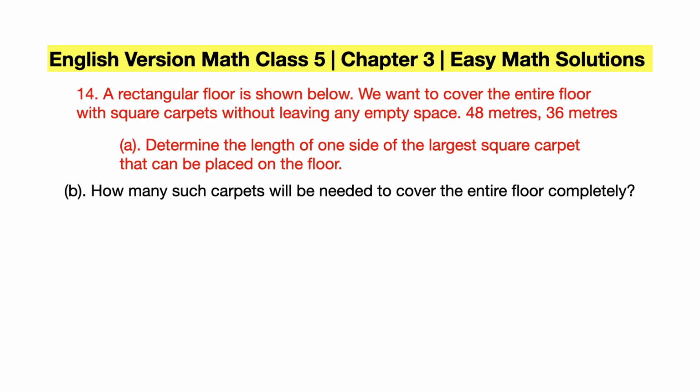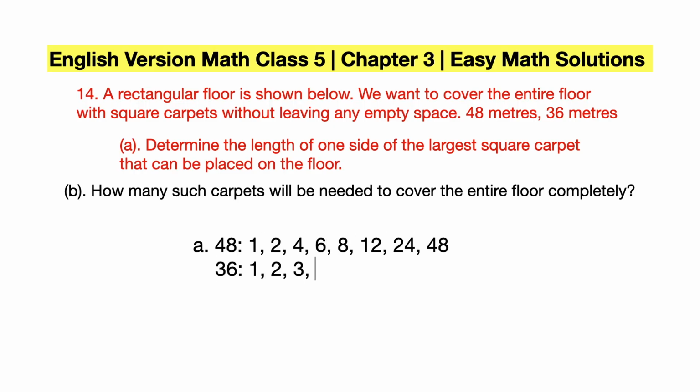So in number 1, we need the common factor of 48 and 36. We can divide 48 by 1, 2, 4, 6, 8, 12, 24 and 48, and 36 by 1, 2, 3, 4, 6, 9, 12, 18 and 36.